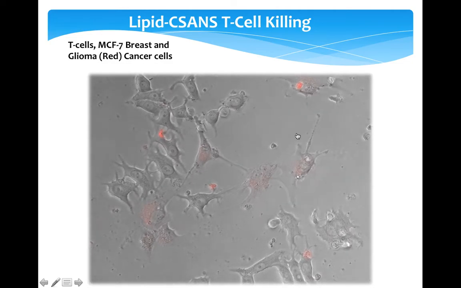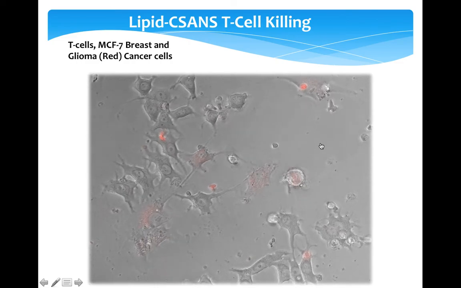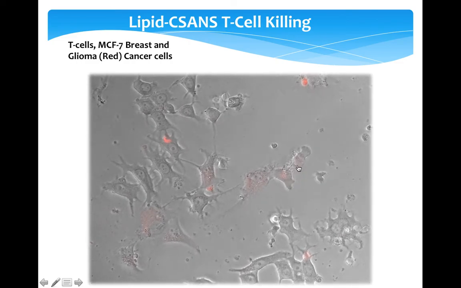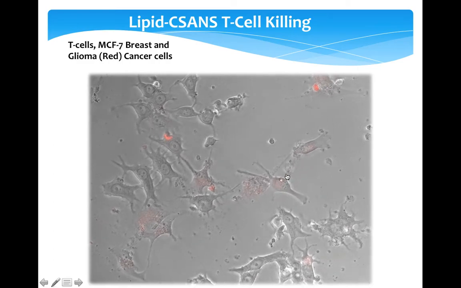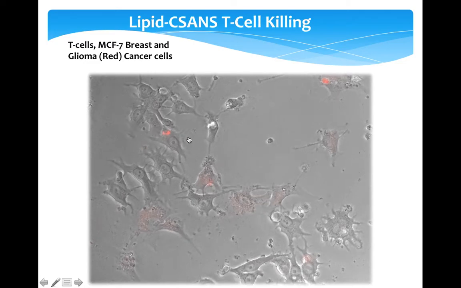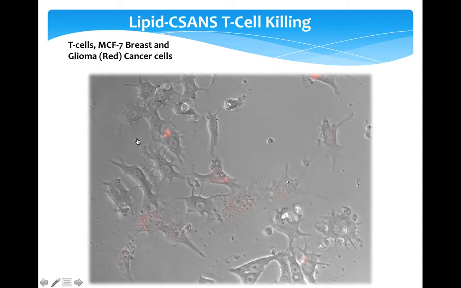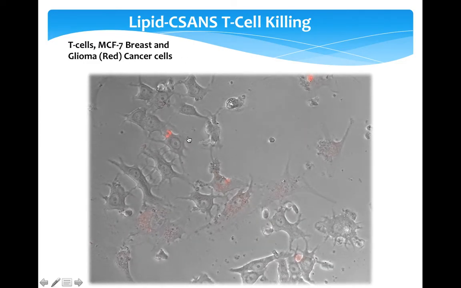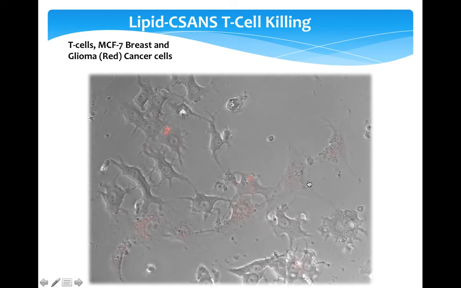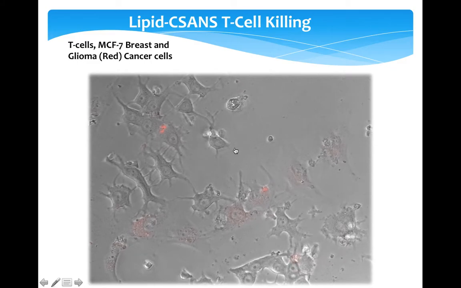Notice, for instance, all these cells move around a lot. They move all over the place. They have these long tentacles that are forming. This cell right here is dividing. Did you just see that? This brain cancer cell just divided. And now this group of cells up here that's not labeled are breast cancer cells. So there's two different types of cells that are here: brain cancer cells and breast cancer cells.